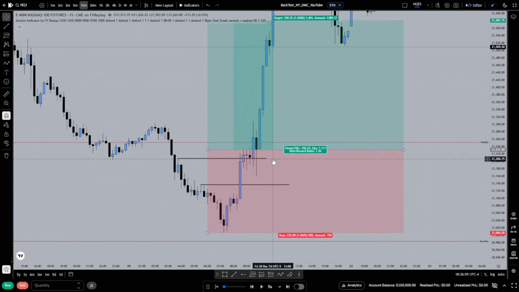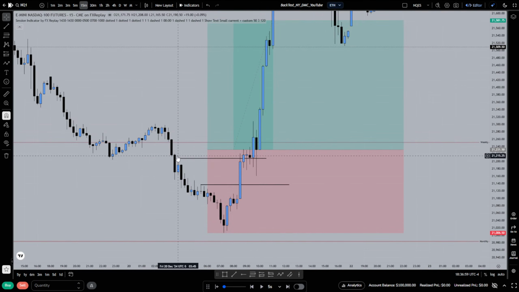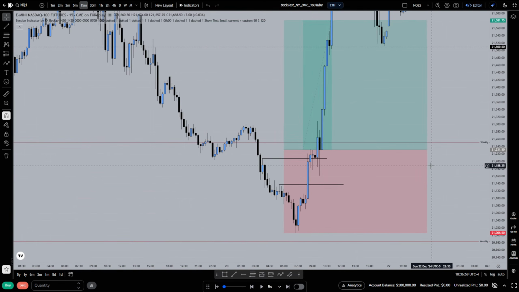So in this 15 minutes, we are breaking above it. We're breaking above this guy also. And then we are closing above this level on multiple candles. And we know that we're being kind of rejected from this level.